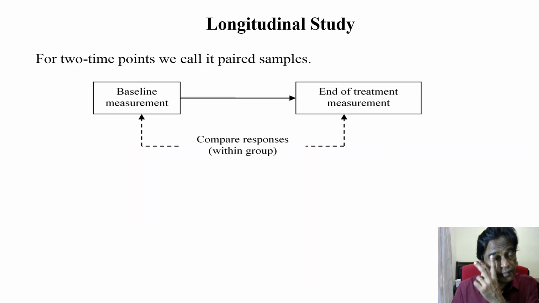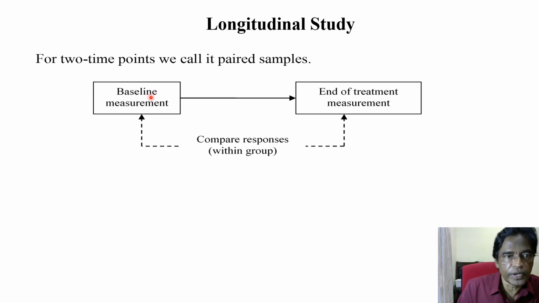Longitudinal studies. Longitudinal sometimes can be just 2 points, baseline, another measure, and compare the values from here and here. Example, we take only diabetic patients, let's say, only diabetic, there's no control, baseline measure, and after treatment, and conclude whether there's effectiveness of the drug or not.